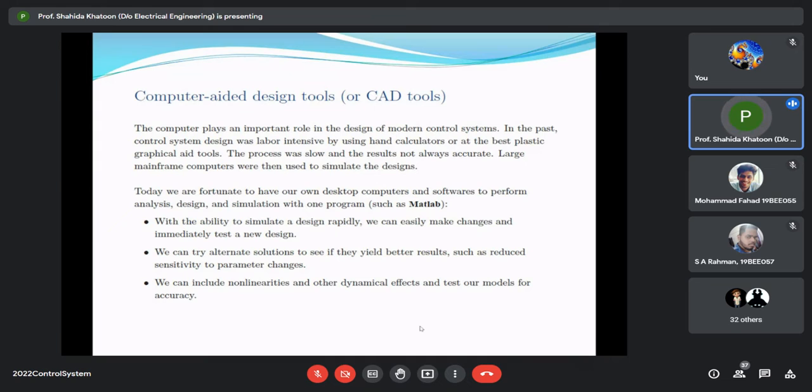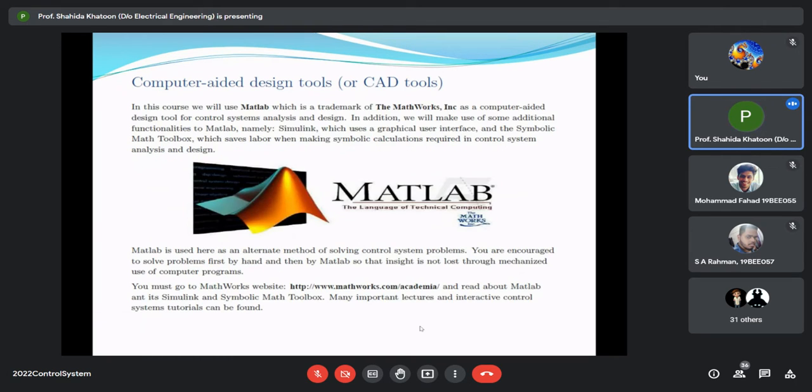With the ability to simulate a design rapidly, we can easily make changes and immediately test a new design. You can try alternate solutions to see if they yield better results, such as reduced sensitivity to parameter changes. We can include nonlinearities and other dynamical effects and test our models for accuracy.